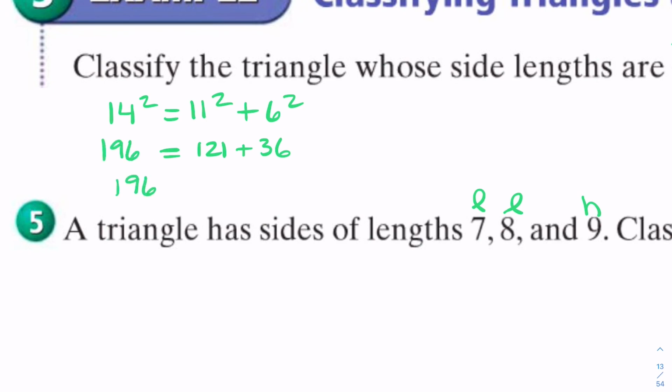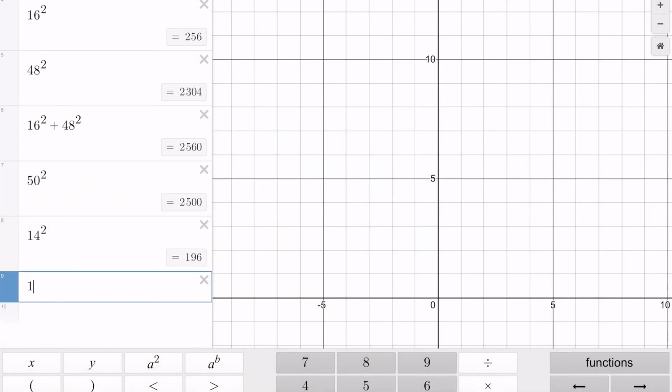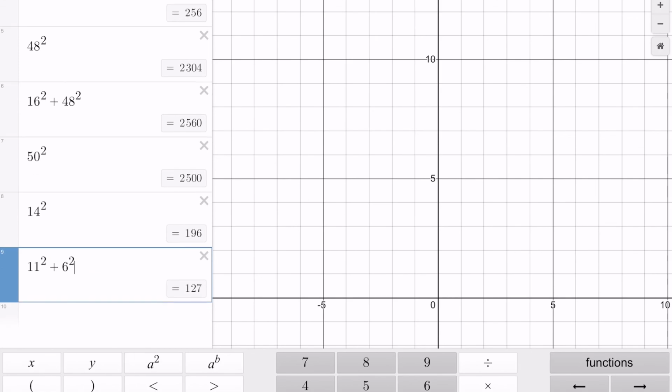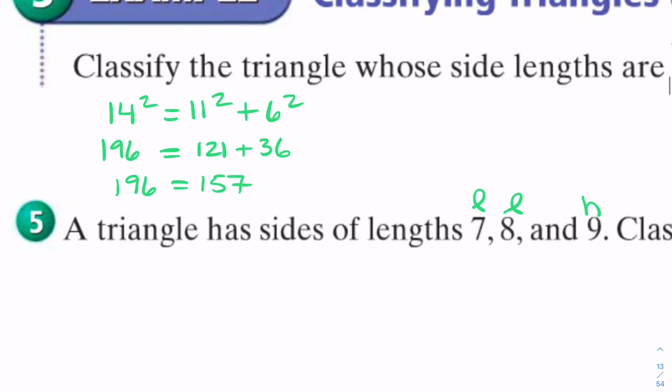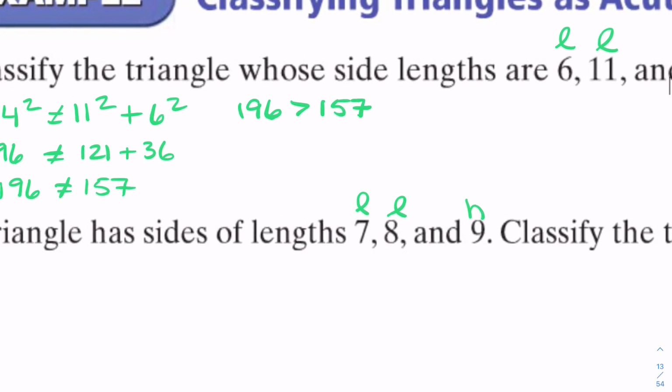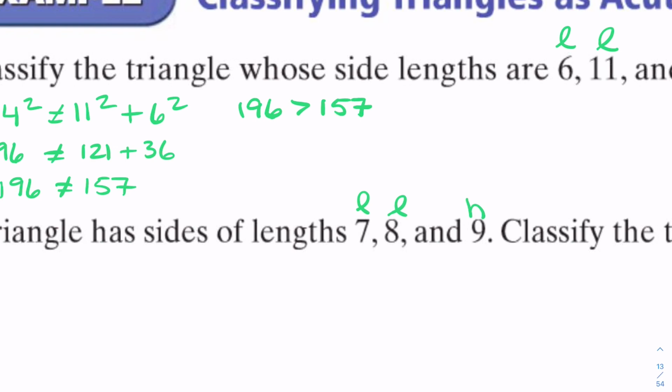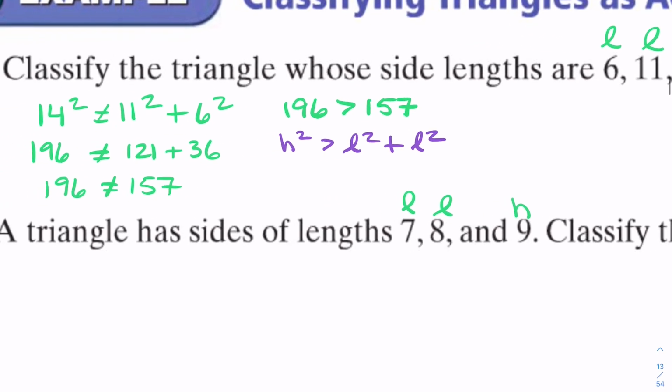So 196 equals, and here we have 157, right? 11 squared and 6 squared. 157, yep. So in this case, they are not equal, so it's not a right triangle, but 196 is greater than 157, which means hypotenuse squared was greater than leg squared plus leg squared.